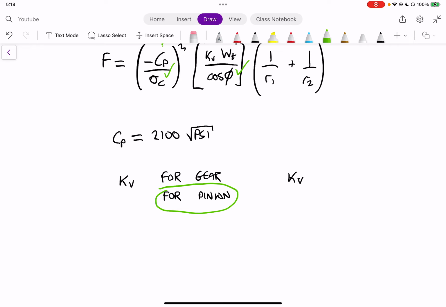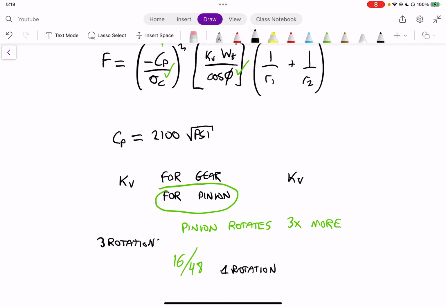The reason we're going to use our pinion is because our pinion rotates 3 times more. If you think about it, 16 over 48 means that for every one rotation of your gear with 48 teeth, one tooth is going to hit once, essentially. Now, for every one rotation of the gear, you have 3 rotations of your pinion.